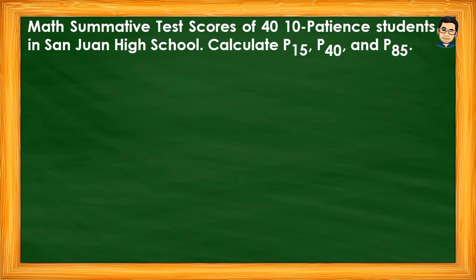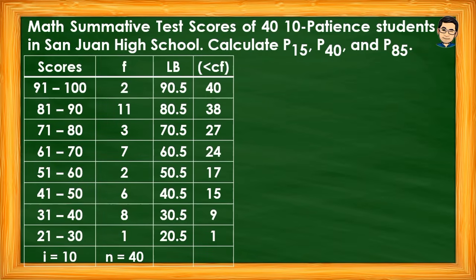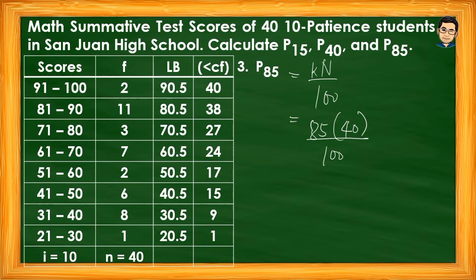So, last natin is percentile 85 or the 85th percentile. So, locate natin yung P sub 85 class. So, that is Kn over 100. So, K that is 85 times N, 40 over 100.